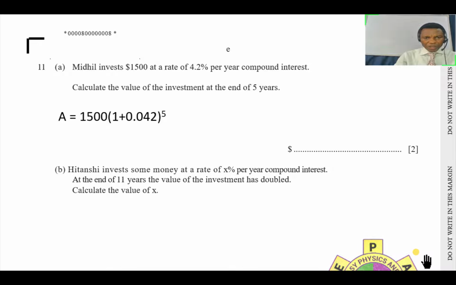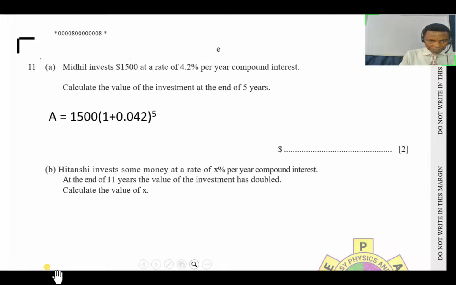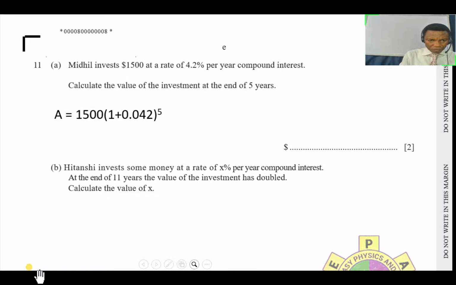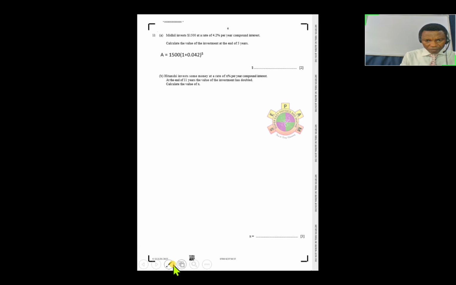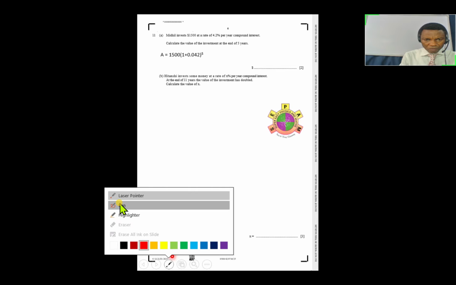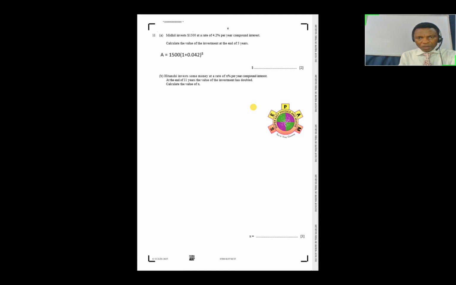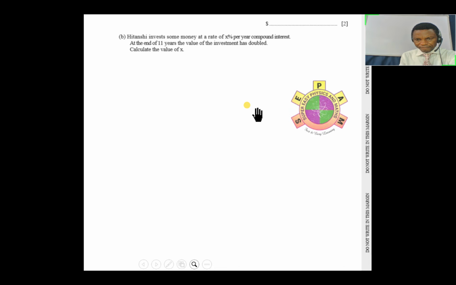But for us to do this, we know that for compound interest, to calculate this value, I just want to write the general formula for compound interest.